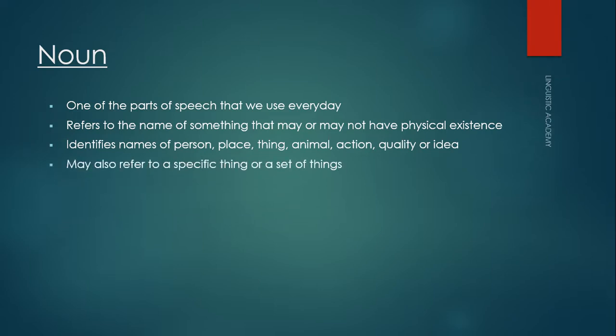The definition does not only include this, as noun may also refer to a specific thing or a set of things. Noun does not only contain single words, but two or more words can also work as one noun altogether.